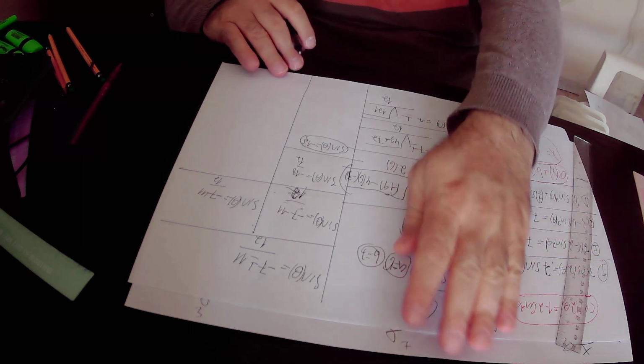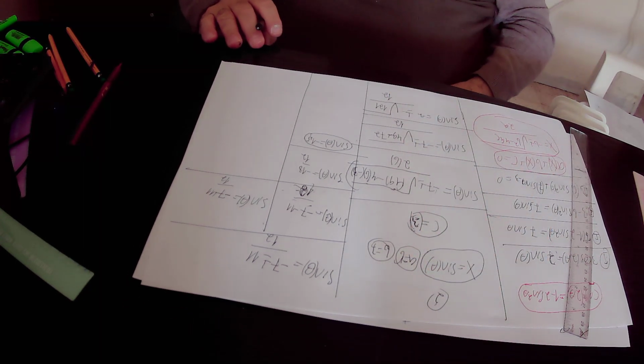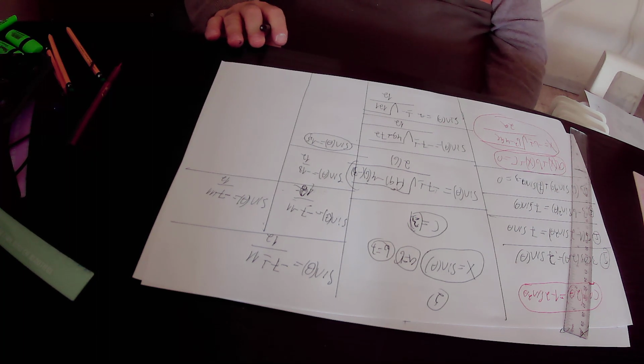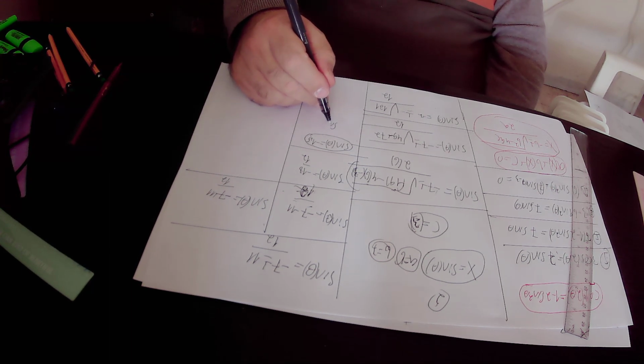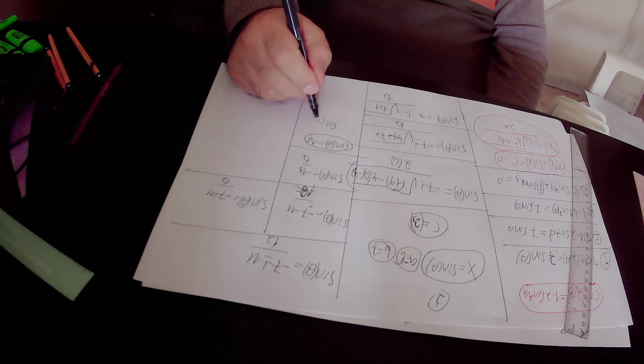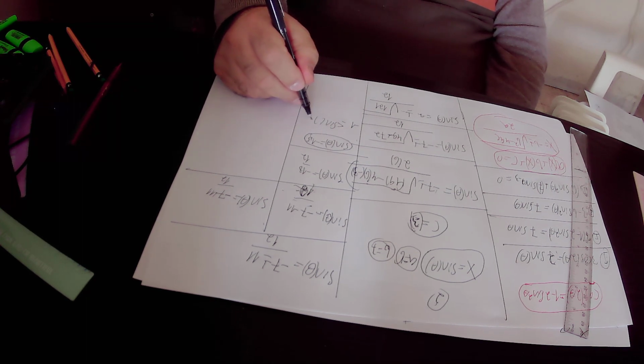But because the function sinus theta, the function sinus, can accept values between -1 and 1, sinus theta can receive values that are greater than or equal to -1 and smaller than or equal to 1.